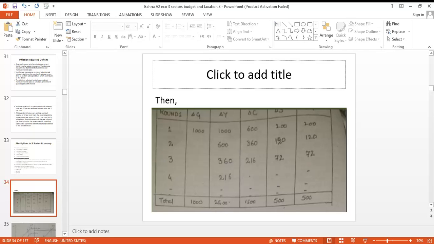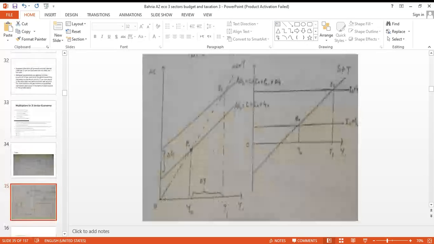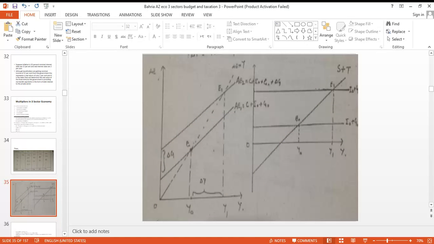Multiplier simply means that when you spend 1,000 in the economy, the actual income increases not by 1,000 but by a lot more than 1,000, and this is depicted in this graph. If you look at the change in government spending, because of this change the aggregate expenditure rises parallel.